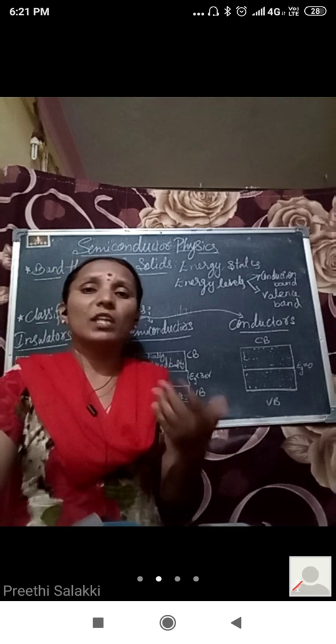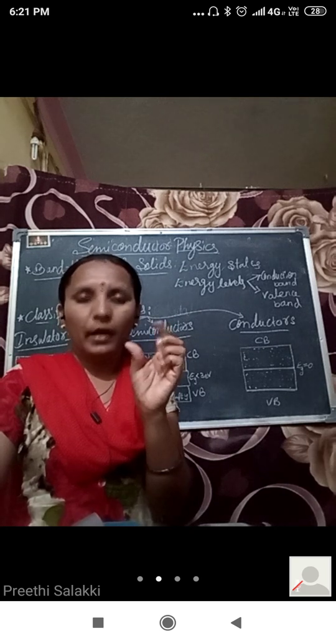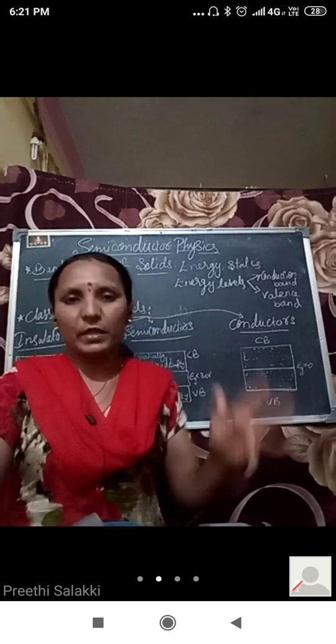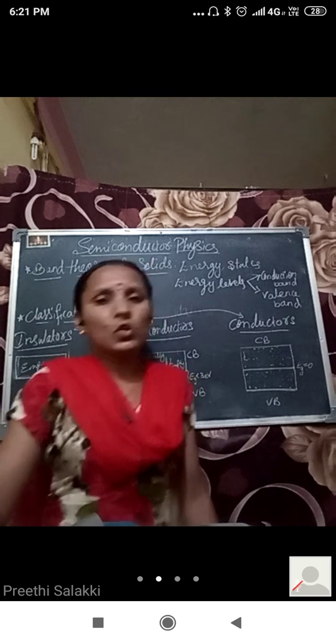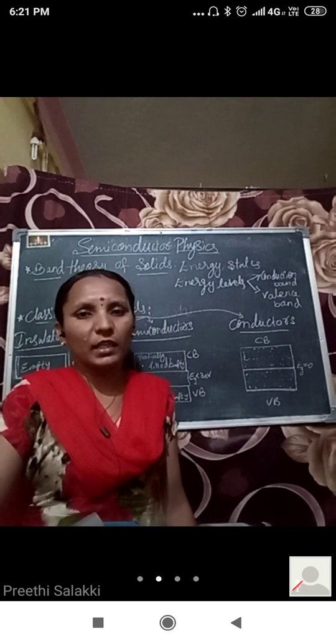What is an energy level? When you consider an atom, it has its own number of orbits. Those orbits have different energies. A particular orbit has a particular energy.